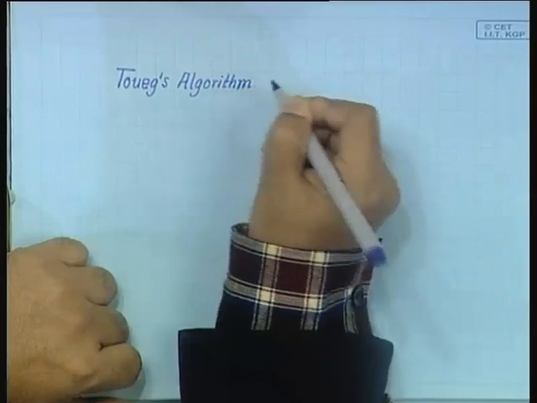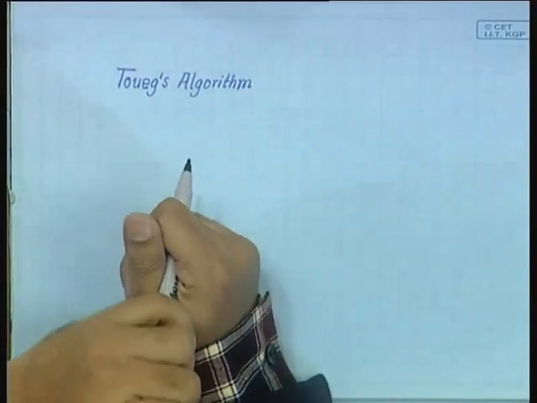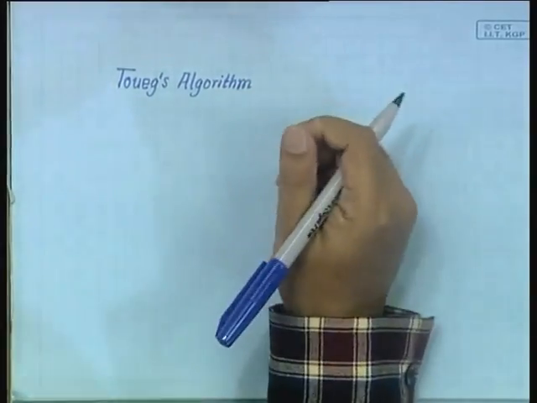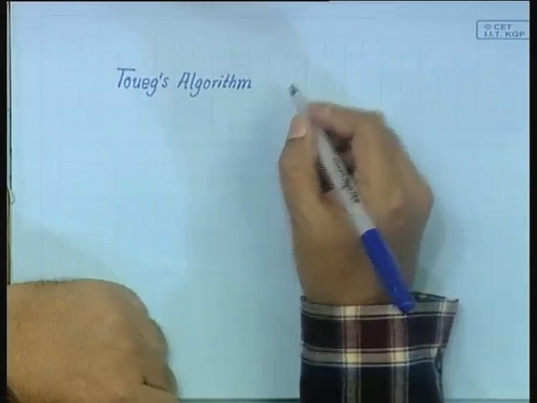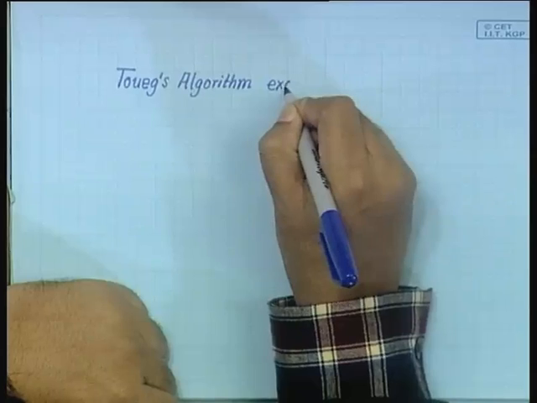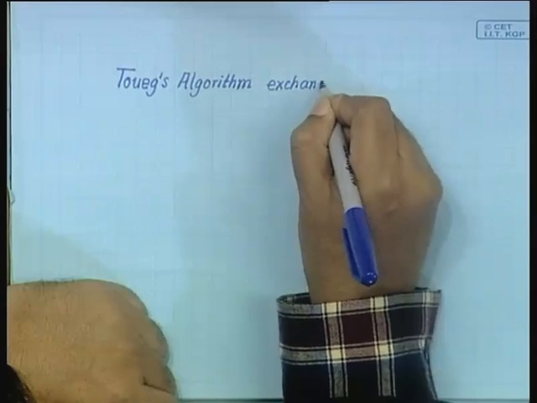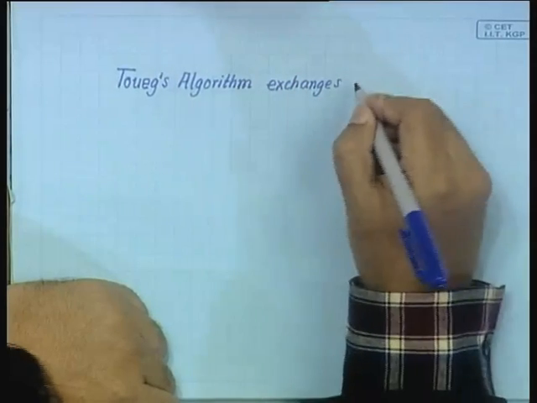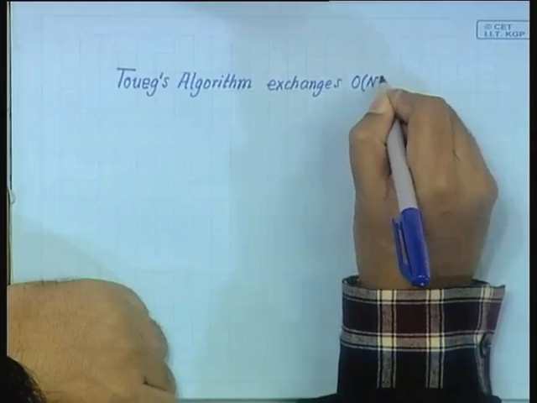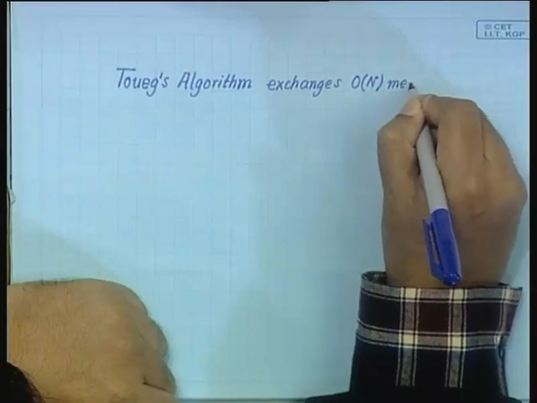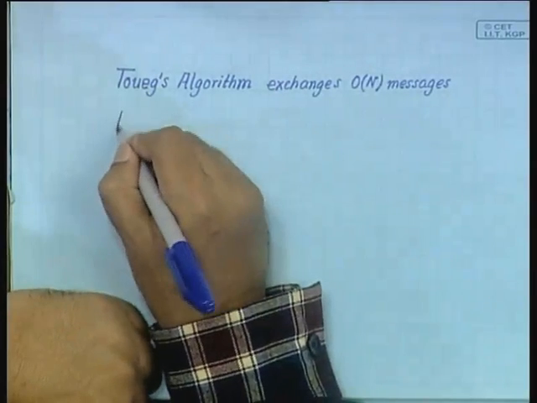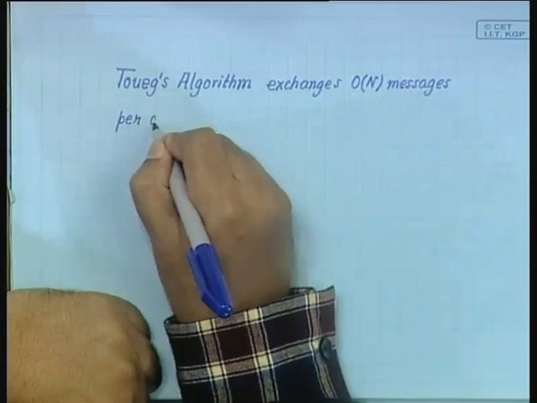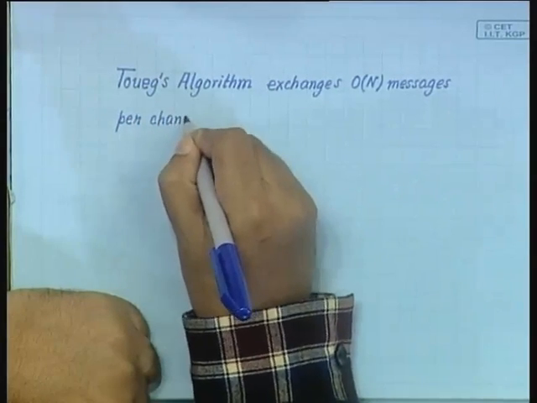This is the improvement over the distributed extension of Floyd Warshall, and this algorithm exchanges order n messages per channel.